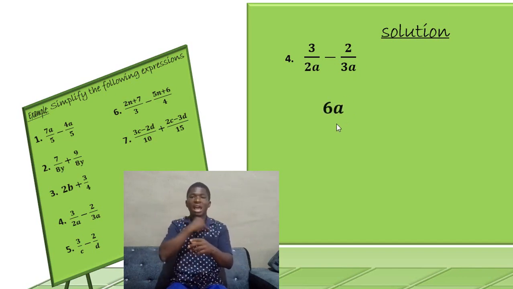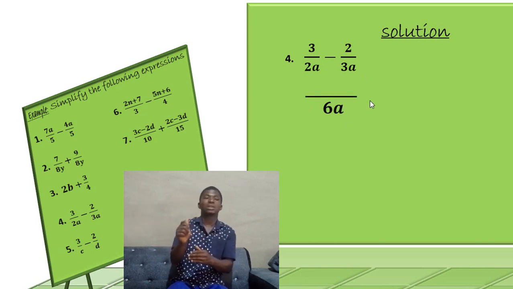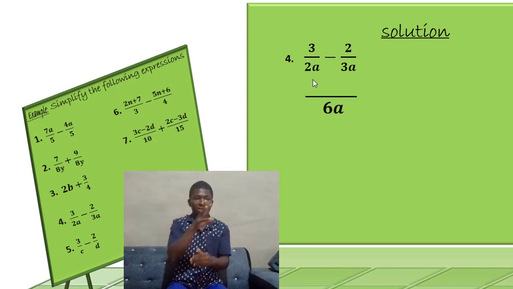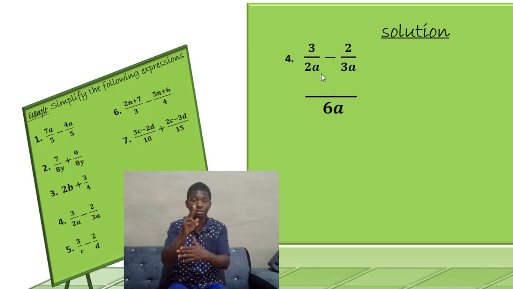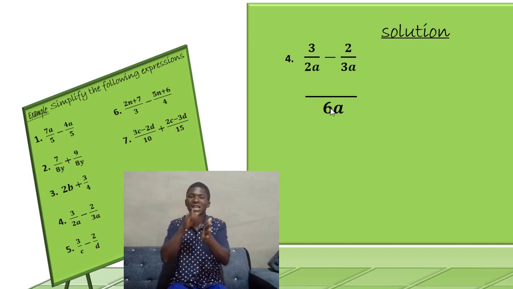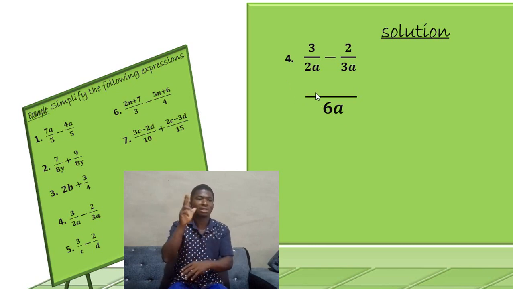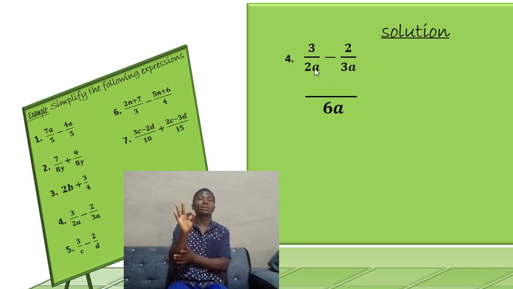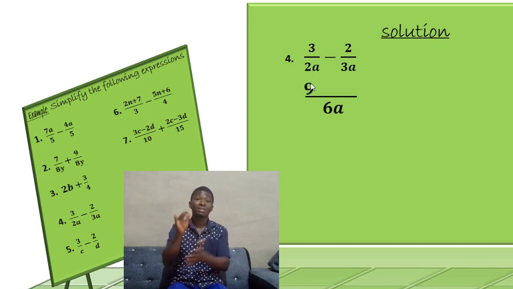So you draw your line, then 2a dividing 6a is 3. Then that 3 multiplying the 3 you have here is 9.